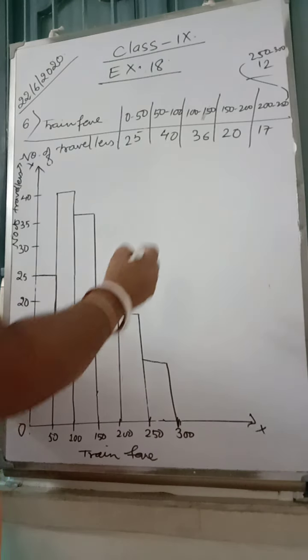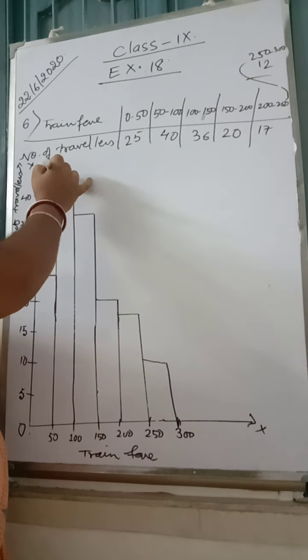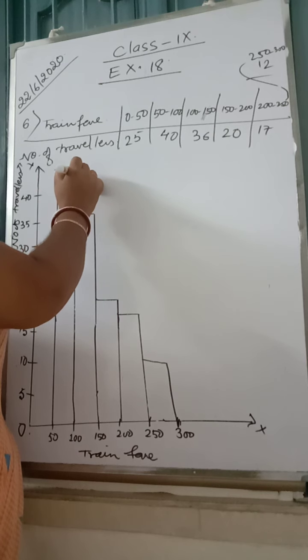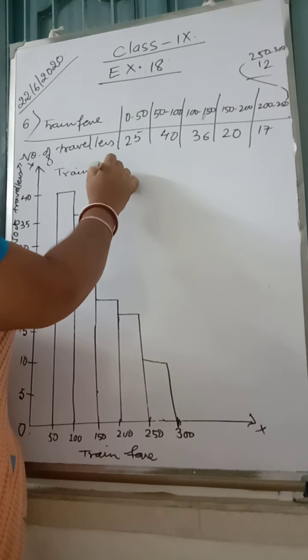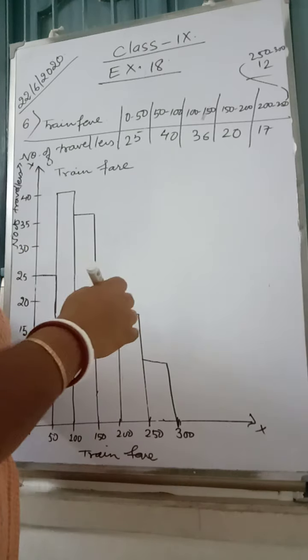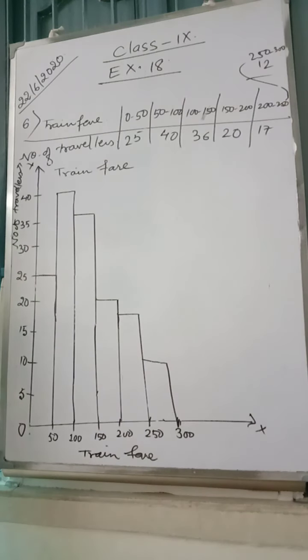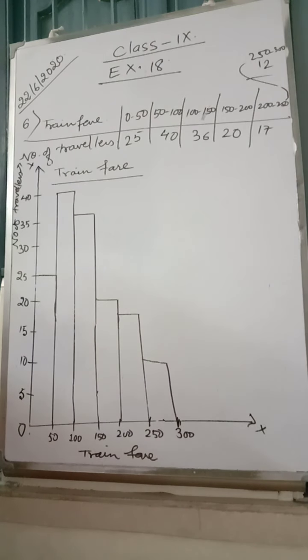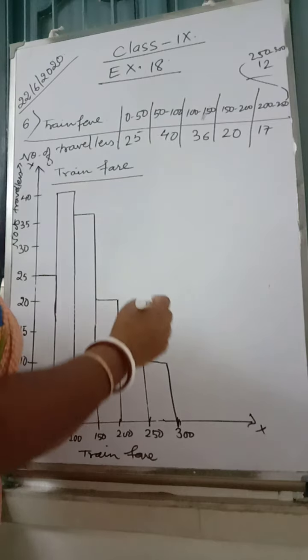For this also we have a scale. You can write histogram representing train fare, or just train fare only.